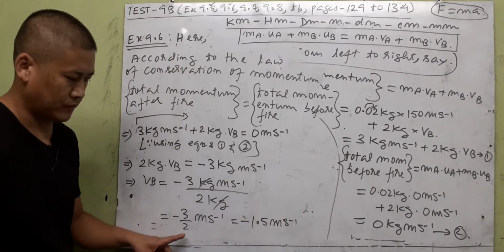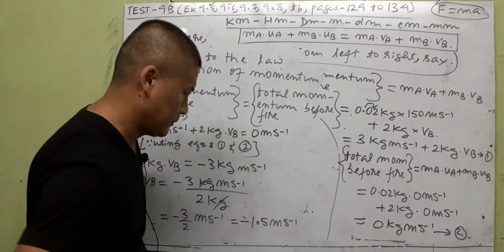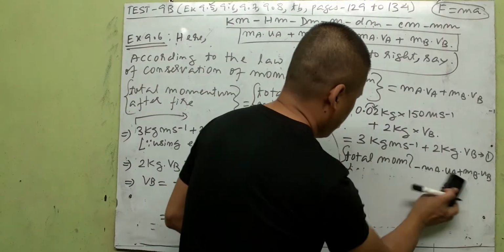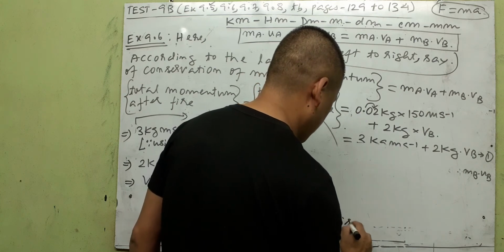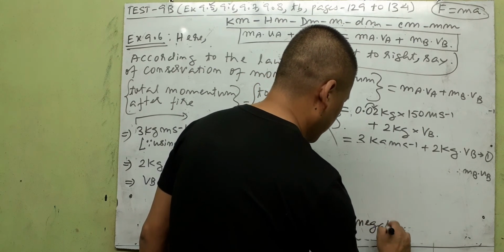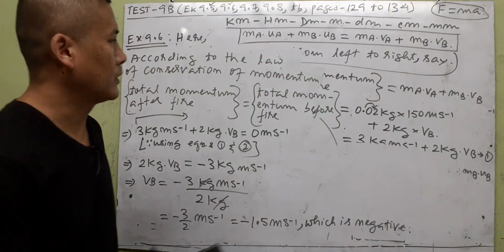When you divide 3 by 2 you get 1.5. So we can write there. Finally here, which is negative. This is important. So the direction of the momentum is a vector quantity, therefore minus is important.